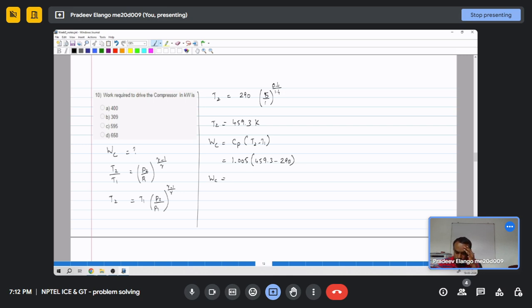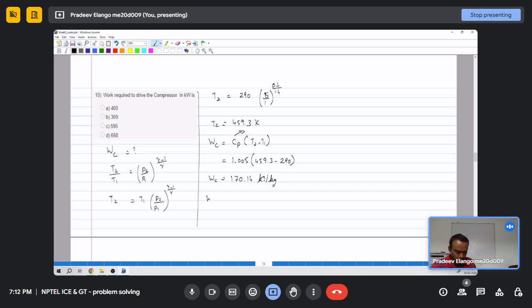What is compressor work? So 170.14. What is the unit? Kilojoule per kilogram, because Cp is kilojoule per kilogram Kelvin. We didn't use mass so far, so it is still in kilojoule per kilogram.